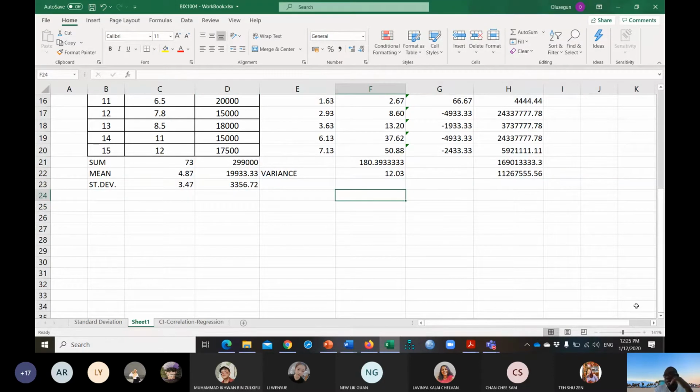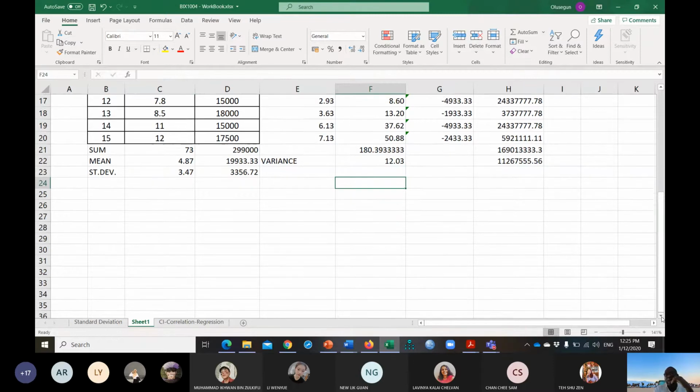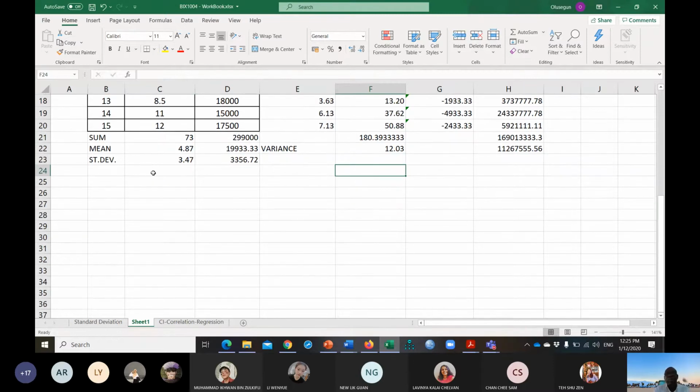Okay. Class, can we compare? Do we get the same thing for the standard deviation? Same. Still the same. Yes, that's correct. Good.